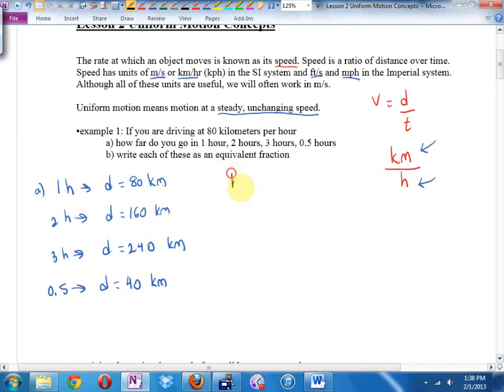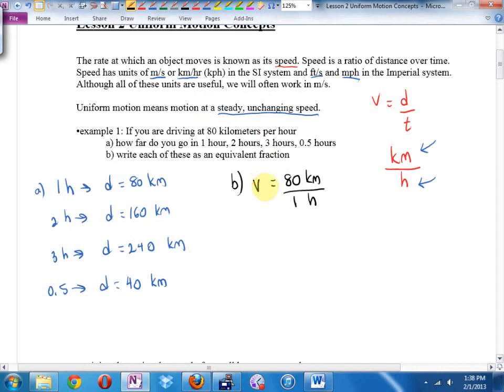Here's what I mean. The distance that you traveled in 1 hour was 80 kilometers divided by 1 hour. 80 kilometers per hour, sorry, the speed you traveled.